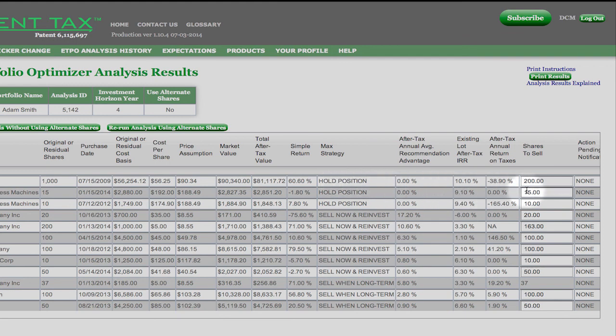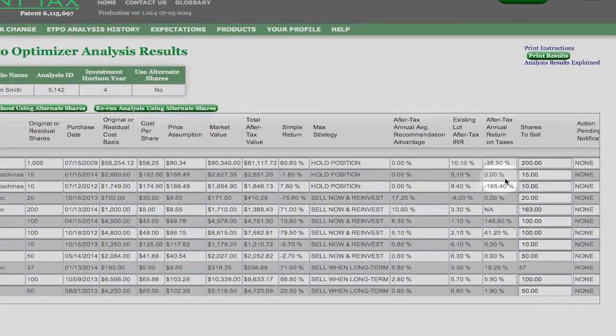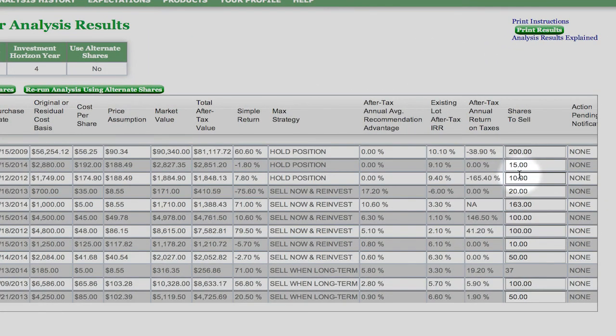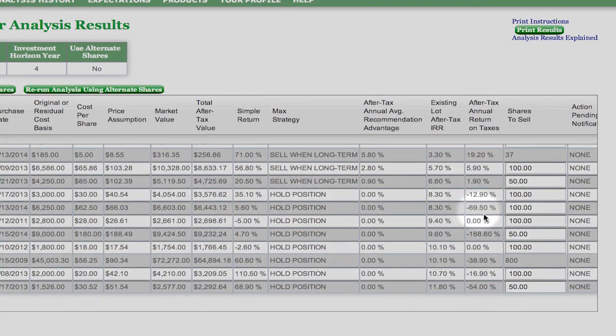Then we have 15 of the 25 designated shares of IBM being sold from its tax lot with the least existing lot after tax IRR. The next 10 shares will be sold from the next IBM tax lot, with the next least return potential remaining. The remaining residual Pepsi and IBM shares are ranked to sell further down the ranking.